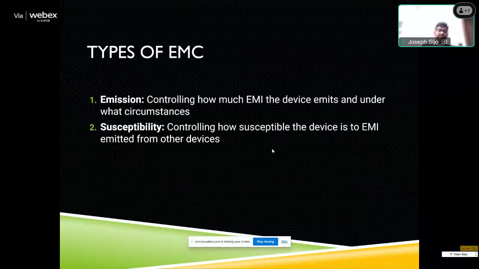Susceptibility is how susceptible a device is in the presence of electromagnetic interference emitted from other devices. So the causes of EMC are two-way: one is the emission from the same device, and the other is a particular device being susceptible to EMI emitted from other devices. We need to find the causes of both and also control this emission.